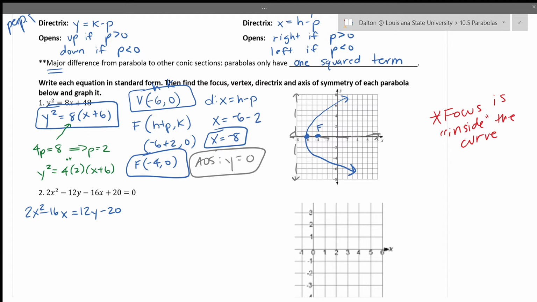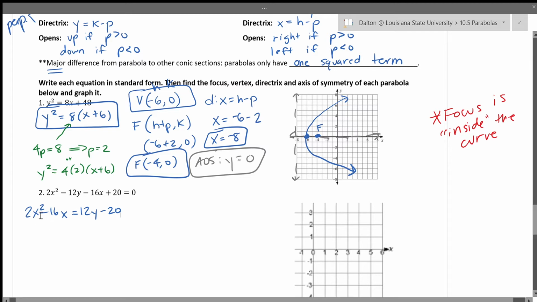Okay, from here, what are we probably going to need to do to proceed in order to write this in a standard equation or standard form? Yeah, okay, so after that, even after you do that, Zach. Right, like right now I've got an x squared term and I've got an x term. I can't have both of those.